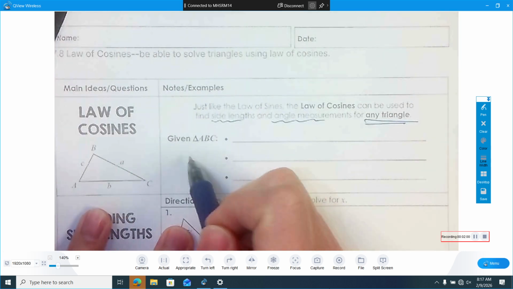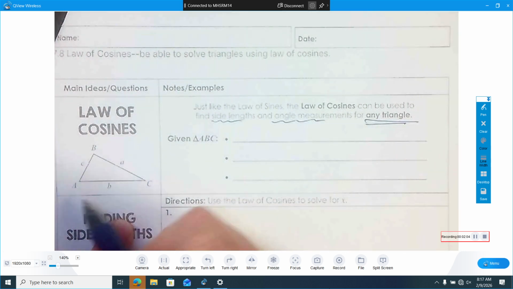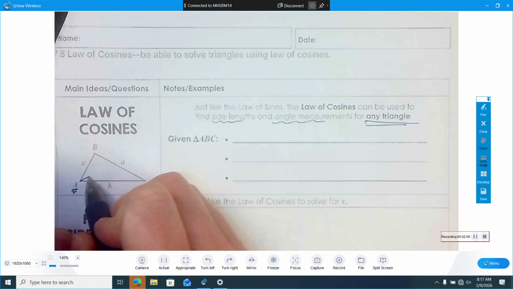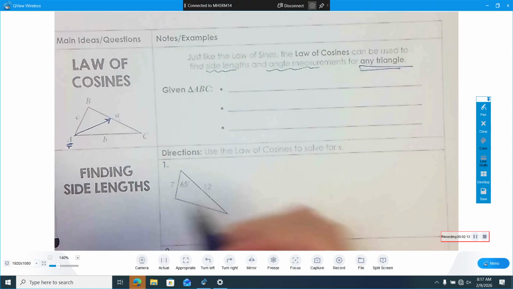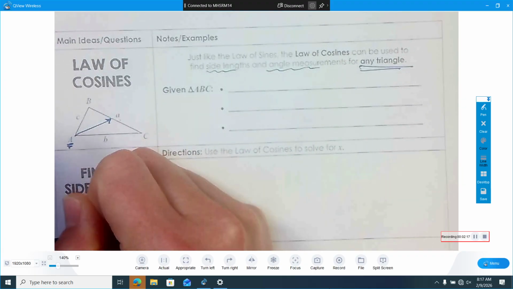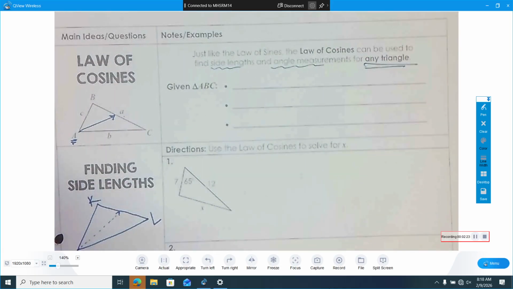So this is for triangle ABC. Again, I just want to reiterate, when we have a capital letter, the side opposite is the lowercase letter. And again, if you have a triangle JKL, what side is opposite angle J?